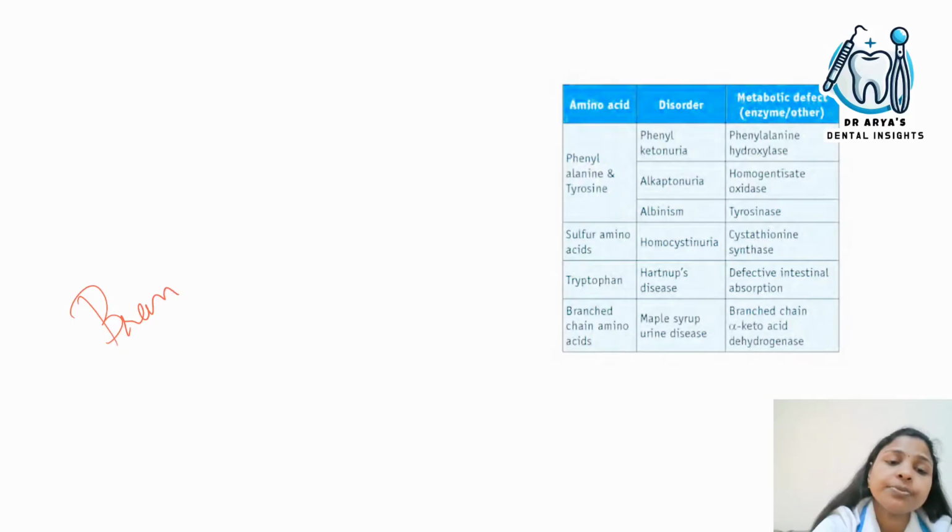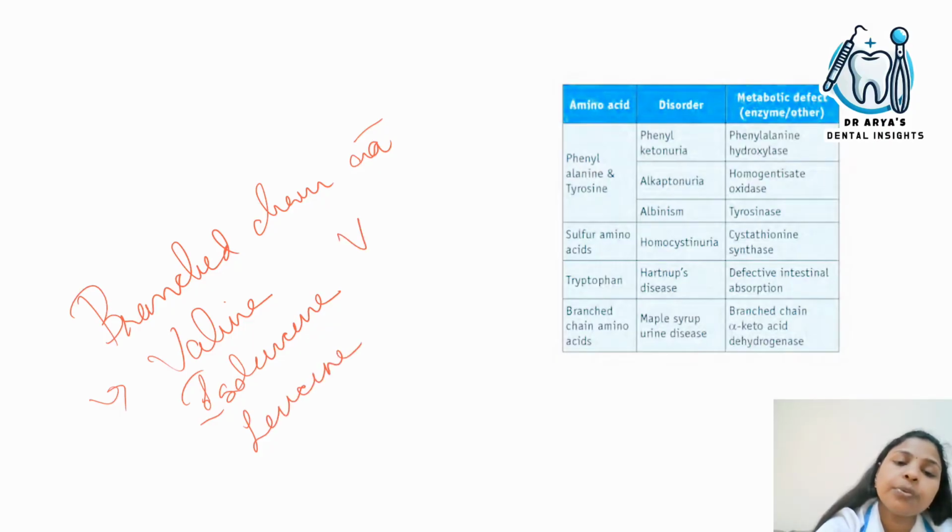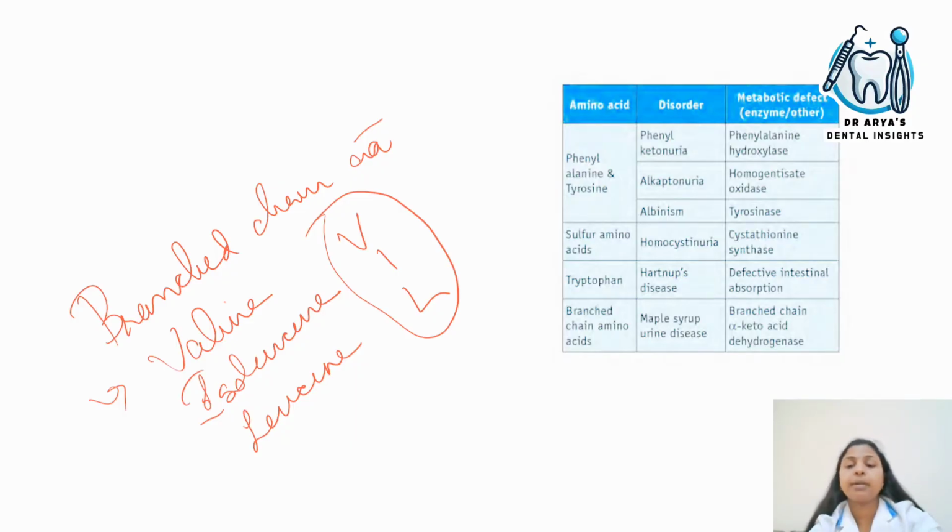They are valine, leucine, and isoleucine. VIL is the mnemonic for branched chain amino acids.